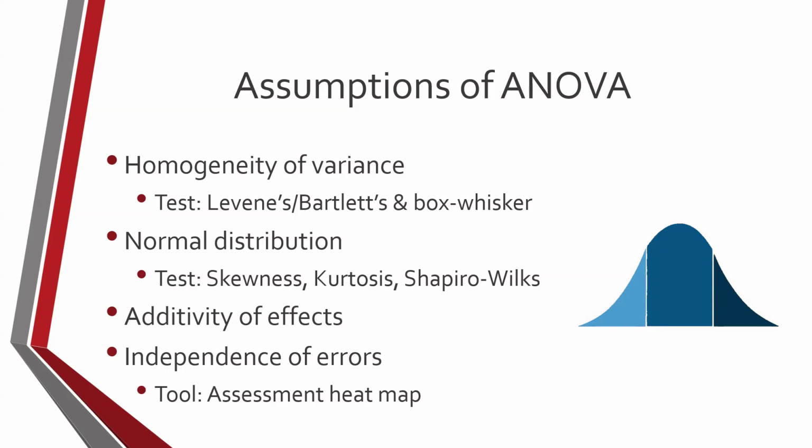Something like an edge effect, or if it's a subjective rating and you have researcher fatigue or something along those lines. That's really where you'd run into problems with the independence of the errors. So that assessment map might be your best bet to maybe detect something funky there if that was a concern.